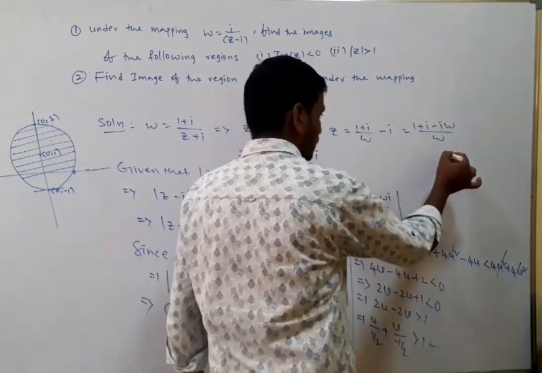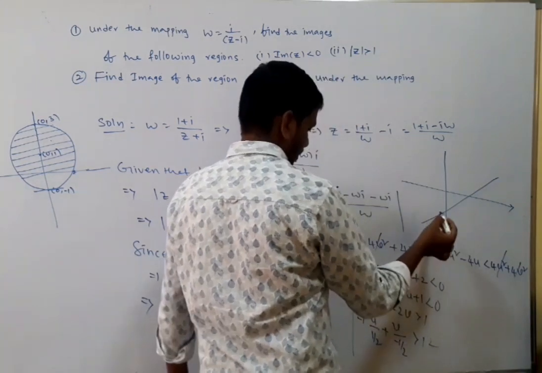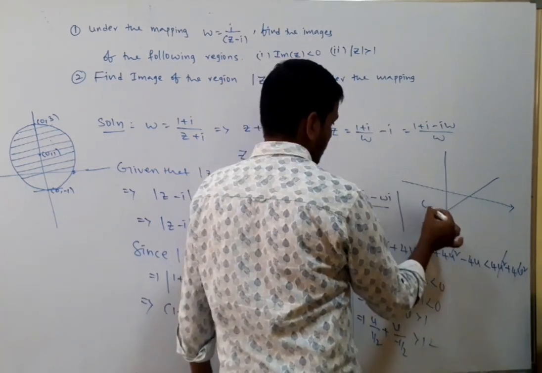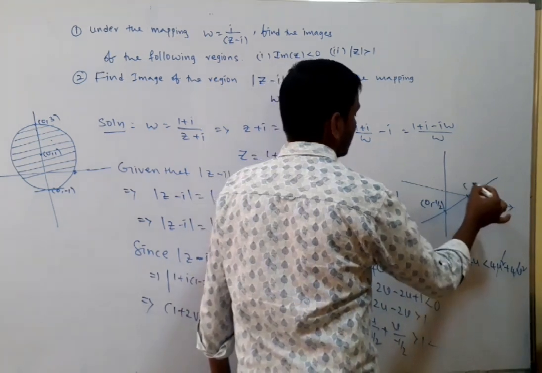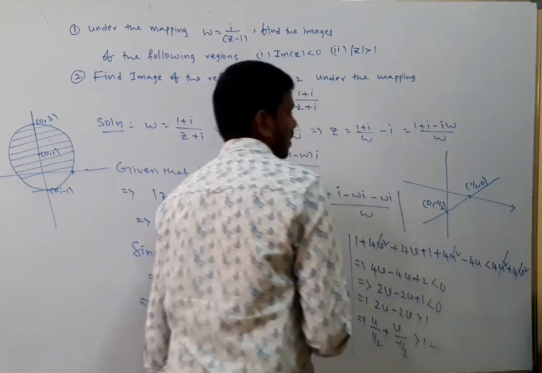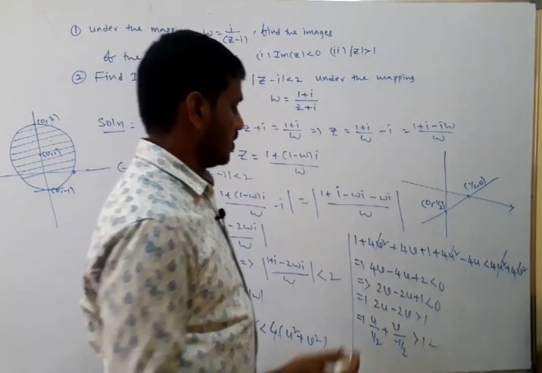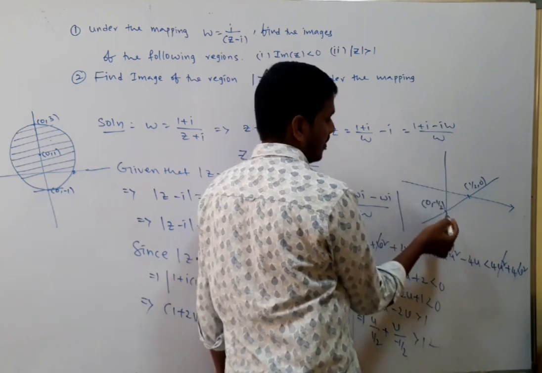So first I am trying to draw the straight line here in the w plane. This is a line with intercepts (0, minus 1/2) and here (1/2, 0), right? Okay, the distance of 1 unit. So it is greater than 1. If it were less than 1, we would take this region, right? But it is greater than 1.